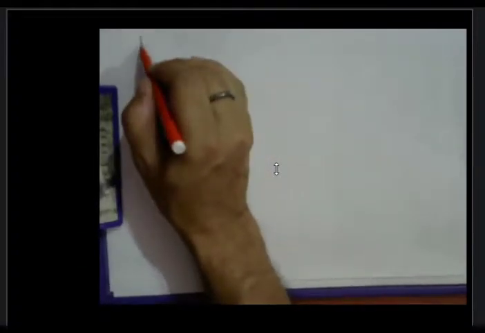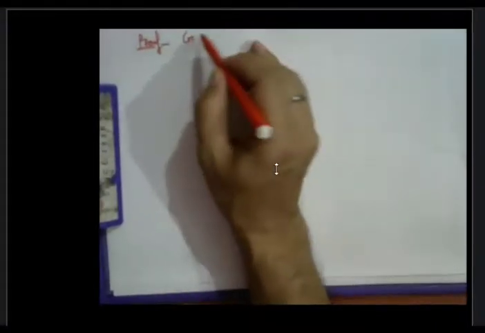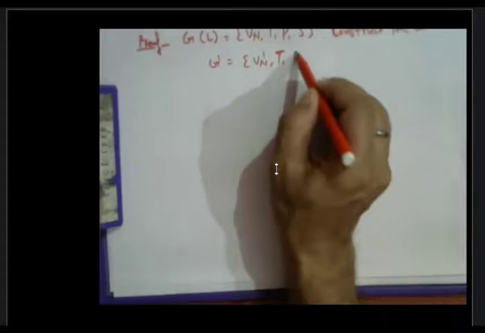Now proof: let there be a grammar G which defines the language L in the form of Vn, T, P, and S, and we want to construct the grammar G dash, which is equal to Vn dash, T, P dash, and S. This grammar we want to construct from the given grammar.